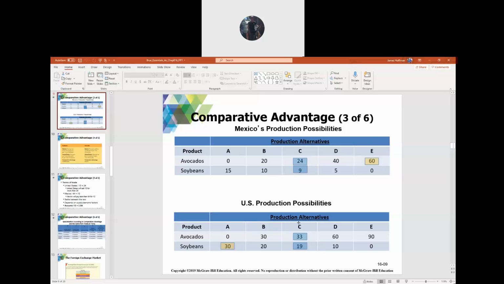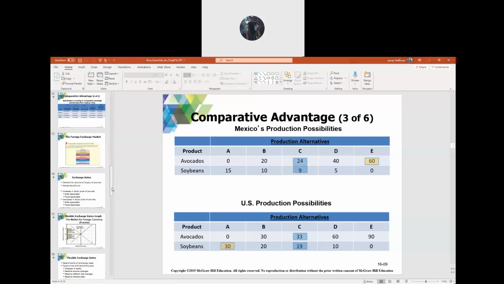So if they started with this and this, then they specialize in these two, and then they trade at that rate. Let's see what happens.